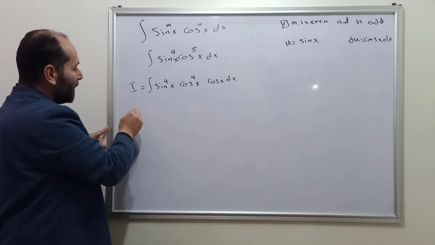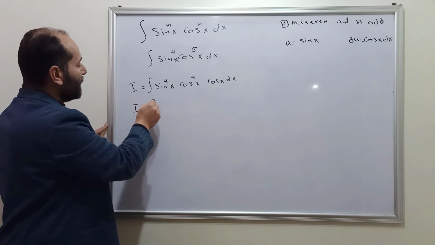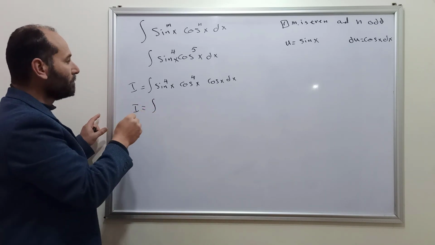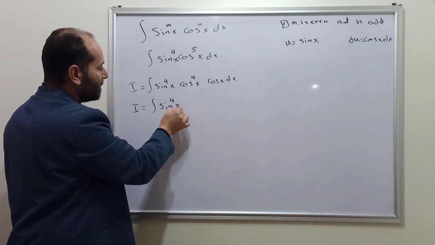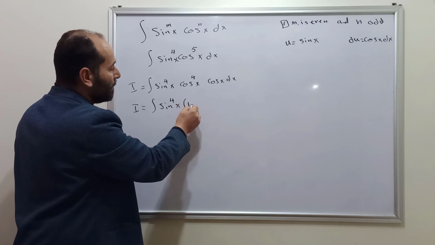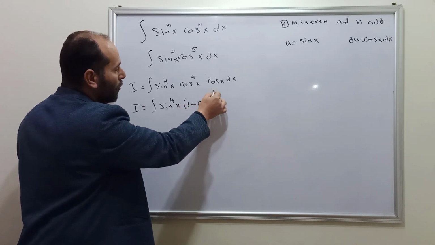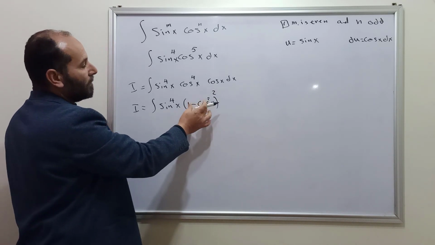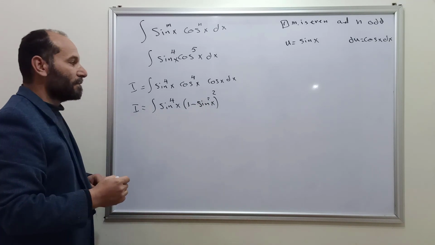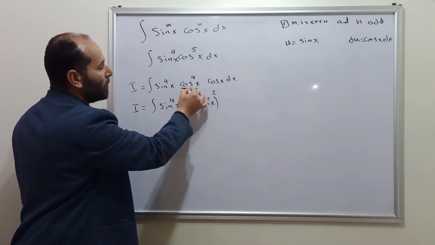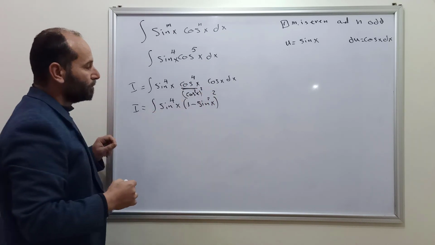So this integration equals the integration of sine power 4 x times cosine squared x all power 2.